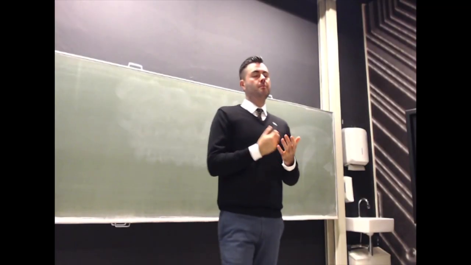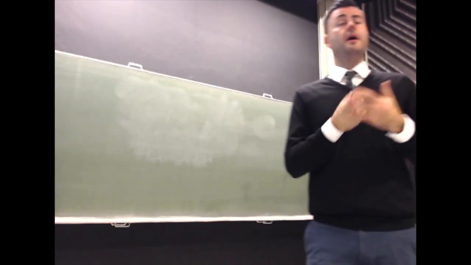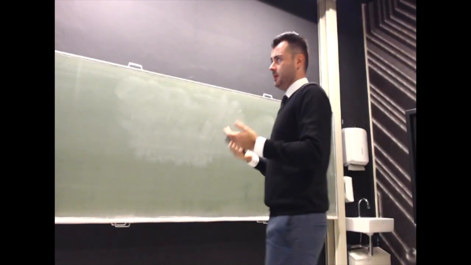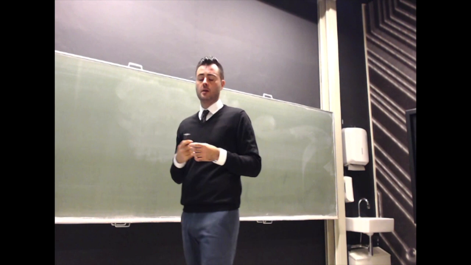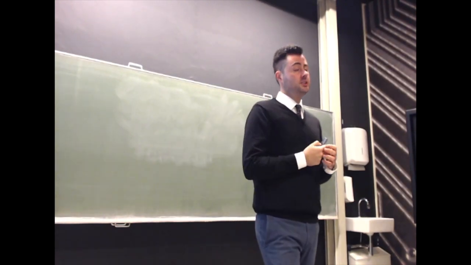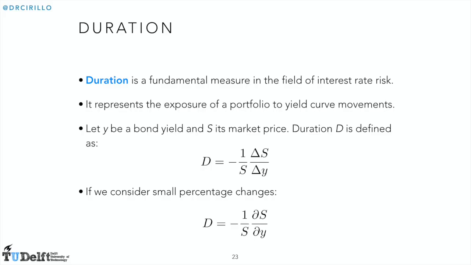So the most important measure that we use in the management of interest rate risk is called duration. It's the duration of a portfolio involving interest rates, the duration of a coupon bond, the duration of a zero coupon bond. This is the fundamental measure.